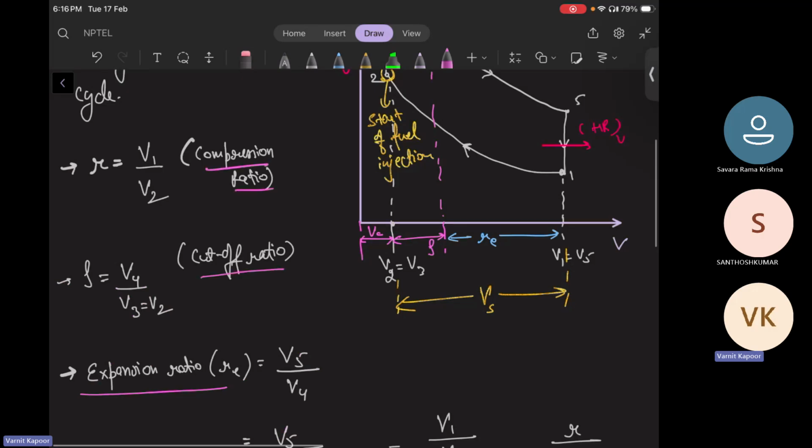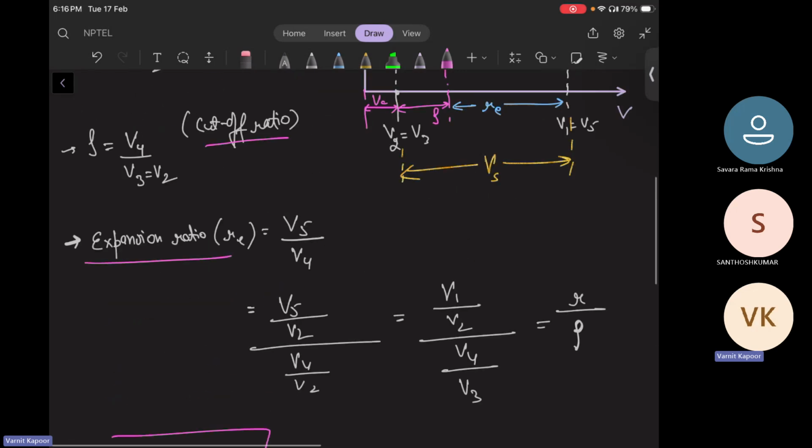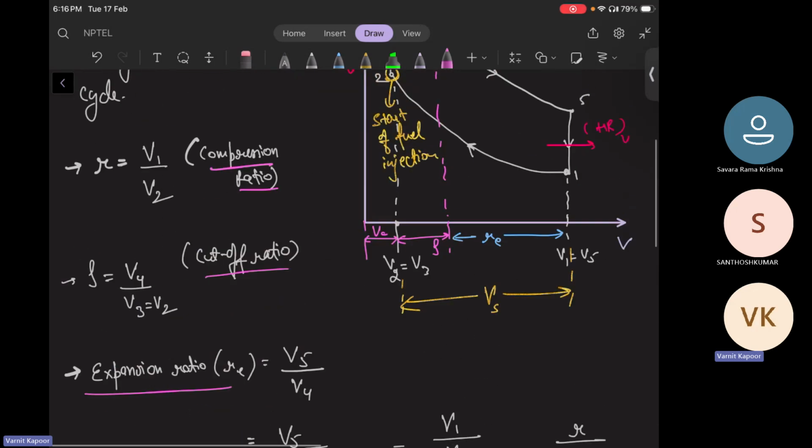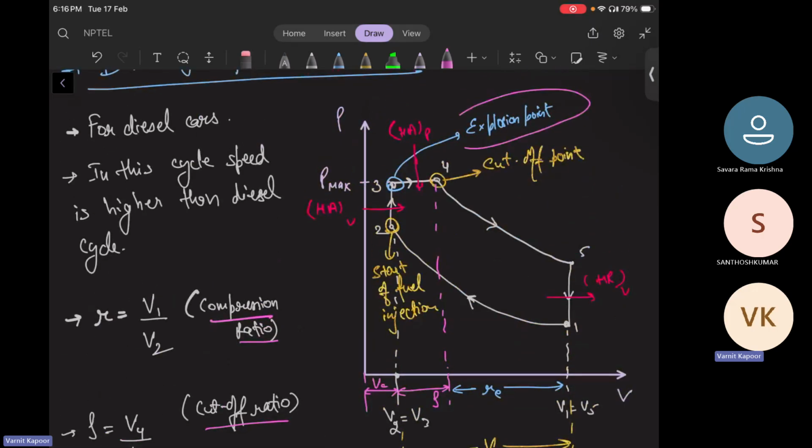Now there is one another ratio terminology which has been introduced, that is your explosion ratio. Because I said that this is your explosion point, the point 3. Why explosion ratio came here: because pressure at point 3 and pressure at point 2 is different. So it will be a ratio of the two pressures.